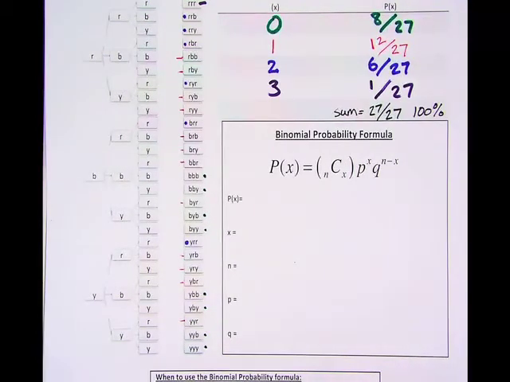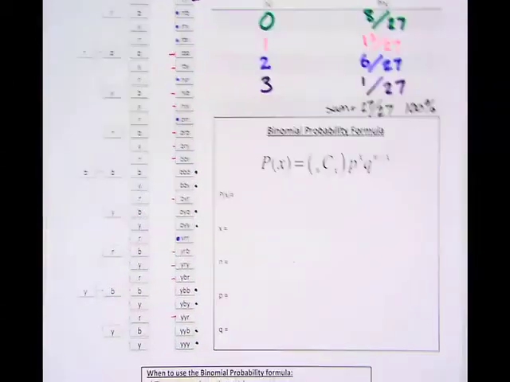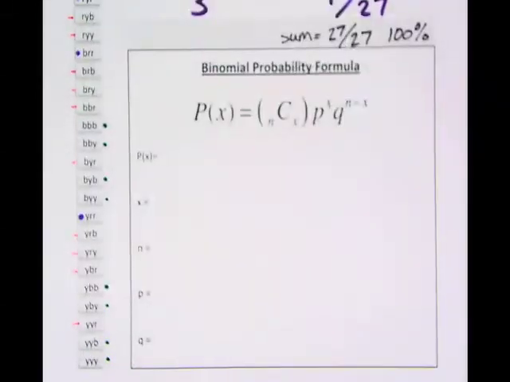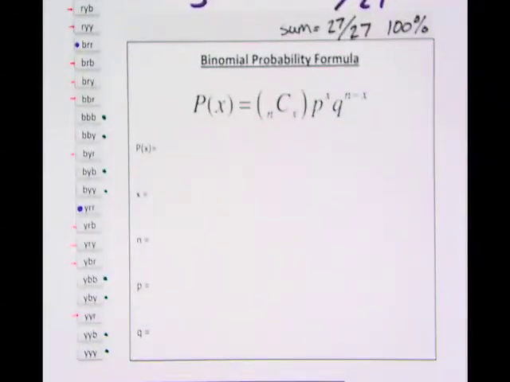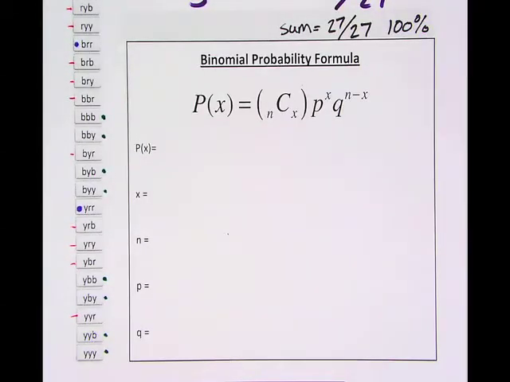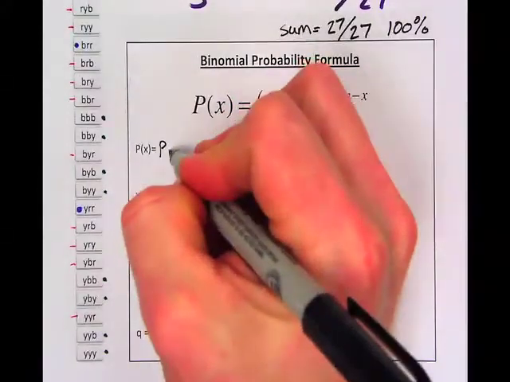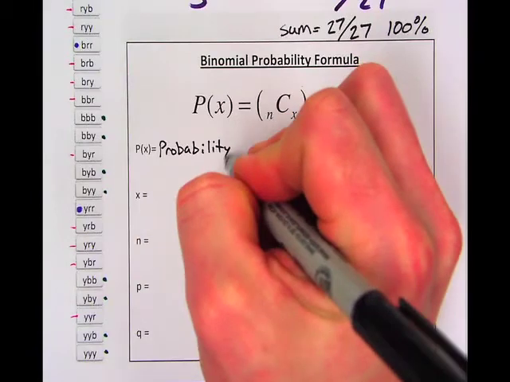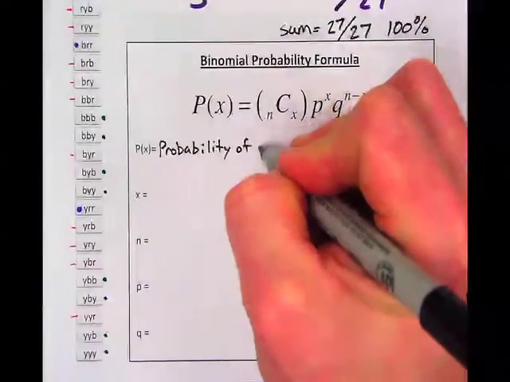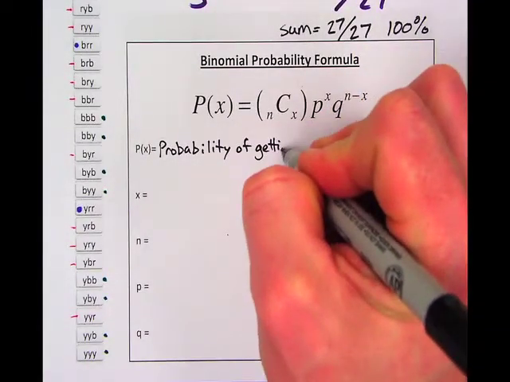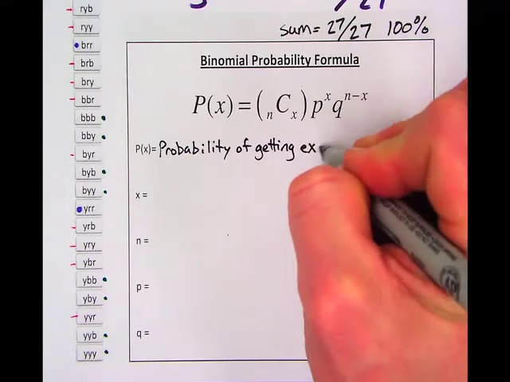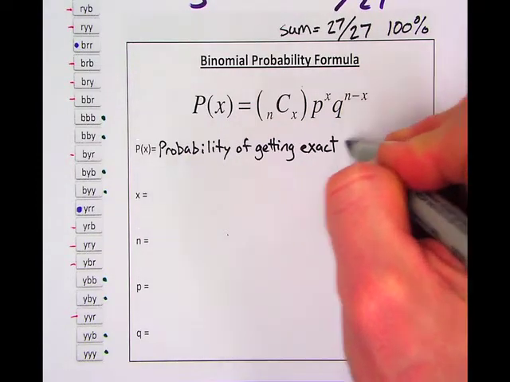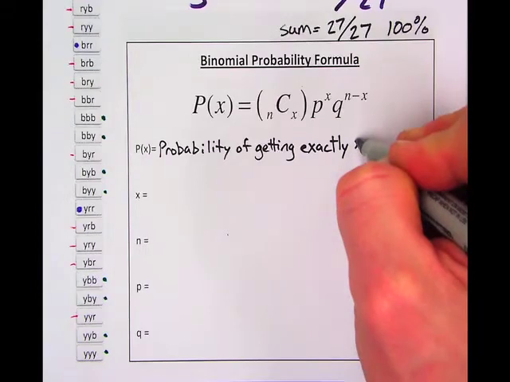The probability of x, P(x), in this case, is going to stand for the probability of getting exactly x successes.